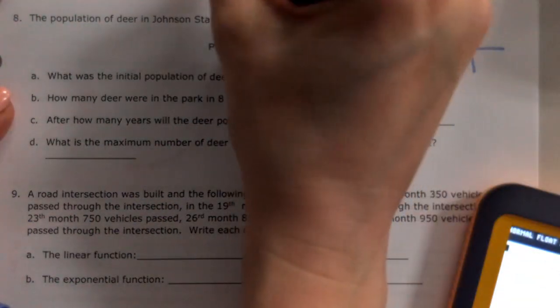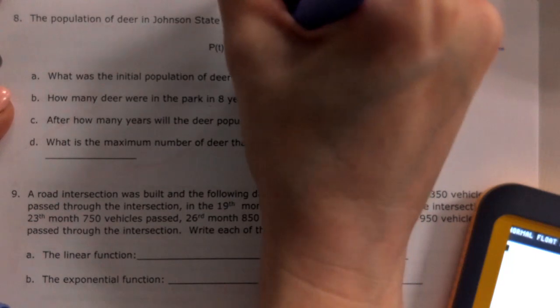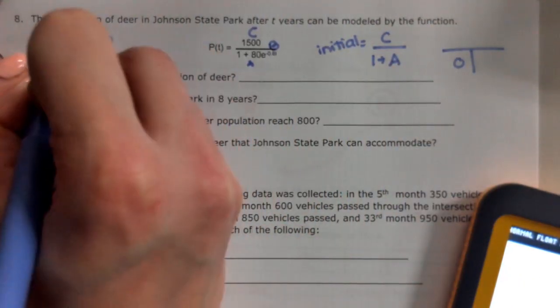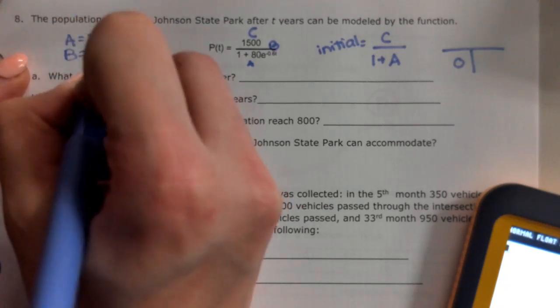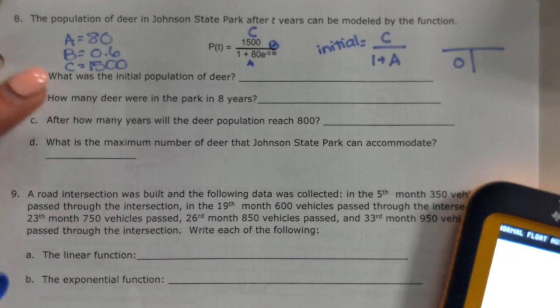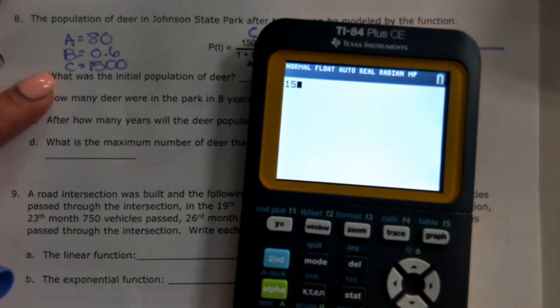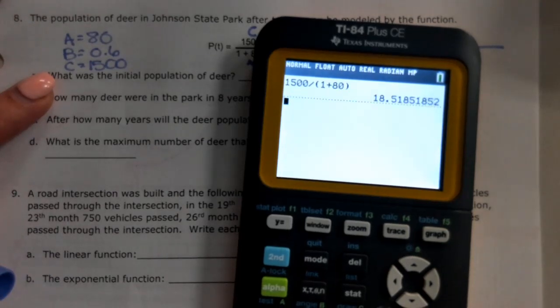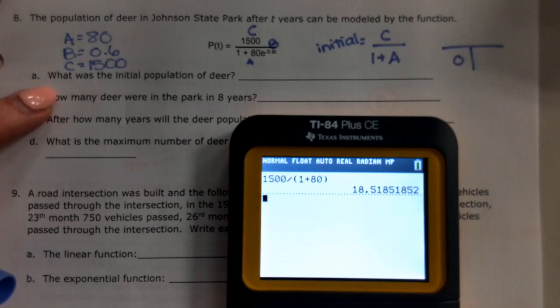So this is my C, this is my A, this is my B. A equals 80, B equals 0.6, and C equals 1500. If I take the 1500 divided by 1 plus 80, I would get 18.52.